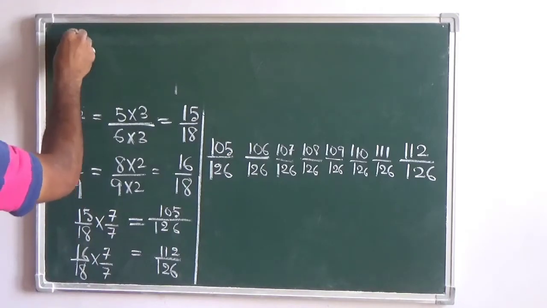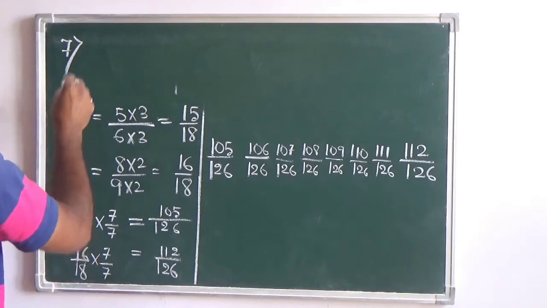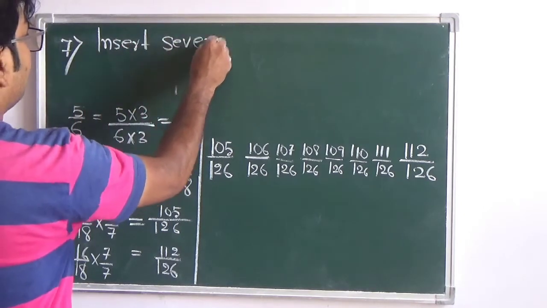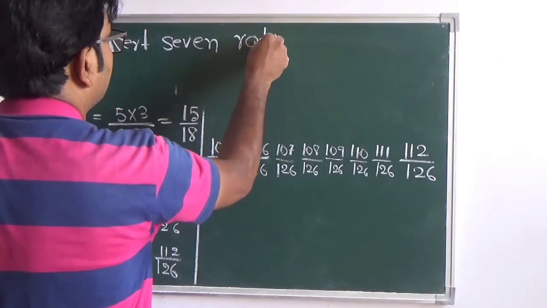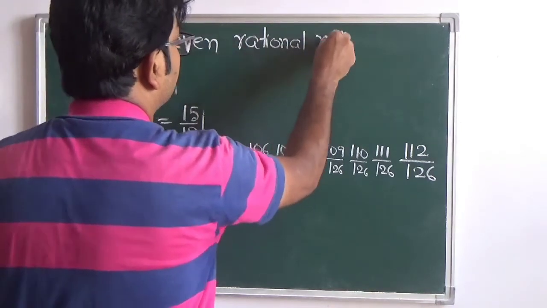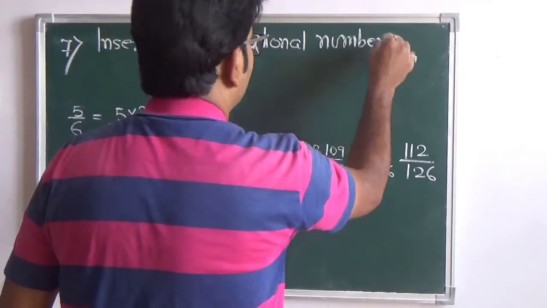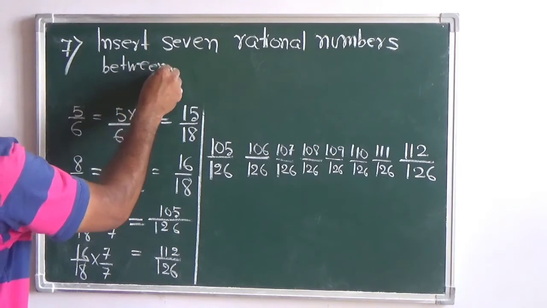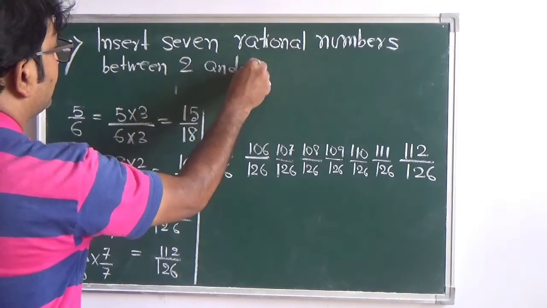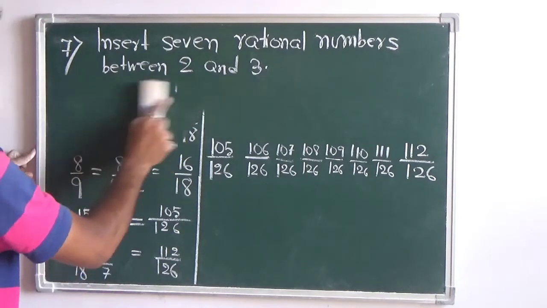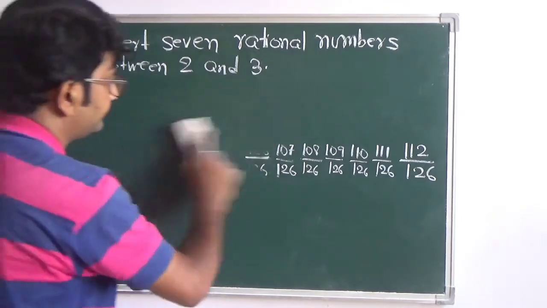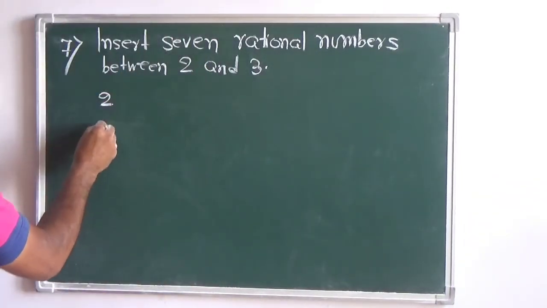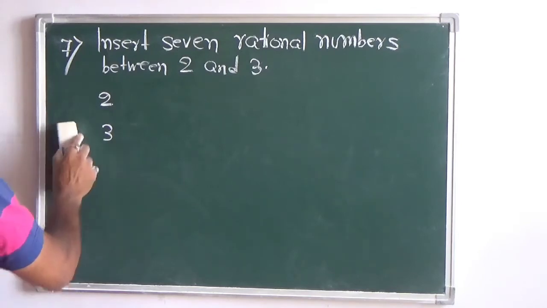Question number, suppose 7. Insert 7 rational numbers between 2 and 3. Just tell me what we have to do here. The number is 2 and the number is 3.